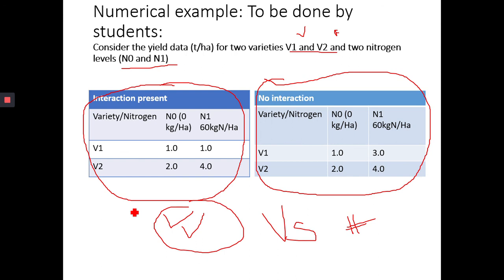Then we moved on to look at the effects in a factorial experiment, that is the simple effects and the main effects, which are critical in enabling us to calculate the interaction effect.